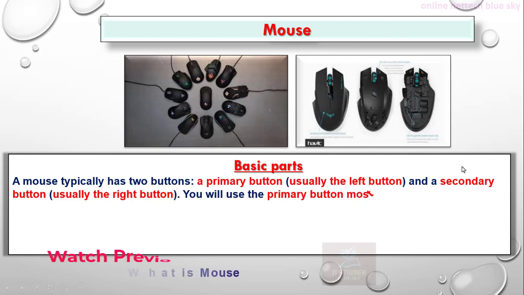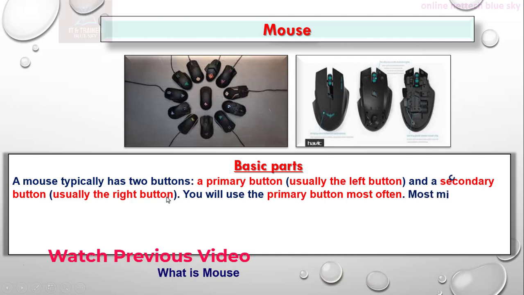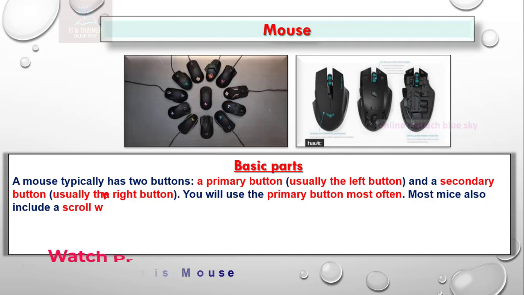And the secondary button is usually the right button. So a mouse has two buttons, the primary button on the left side and the secondary button on the right side. The right side button gives options and some related information. It is very useful and one of the most basic computer parts.